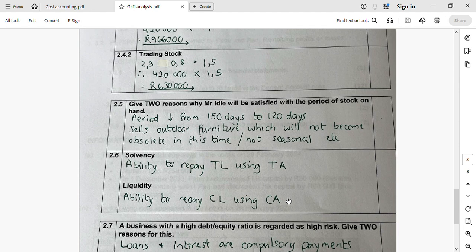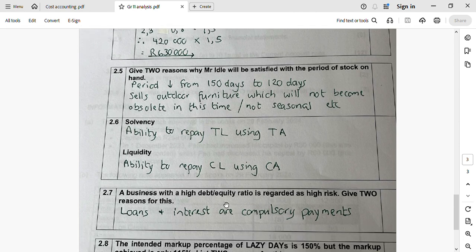The next question: a business with a high debt equity ratio is regarded as high risk. The reason for that is because if you've got a lot of debt, that has to be repaid together with interest. Those are compulsory payments, so therefore you are at more risk because you might struggle to pay those back.